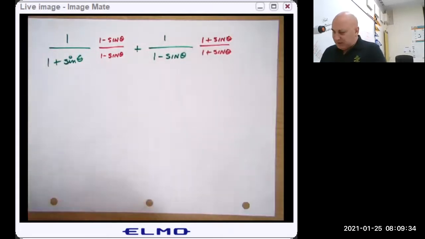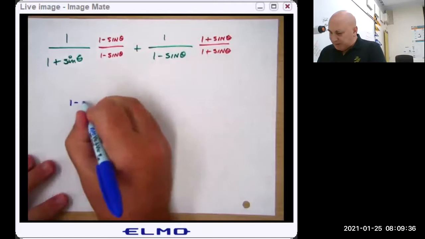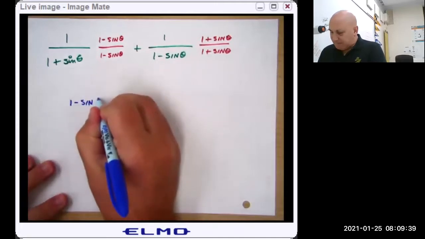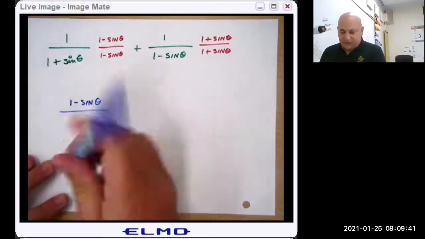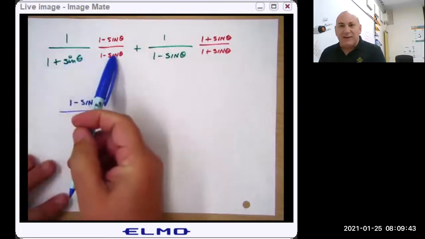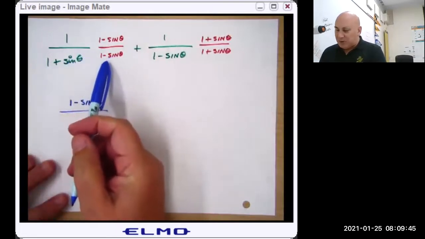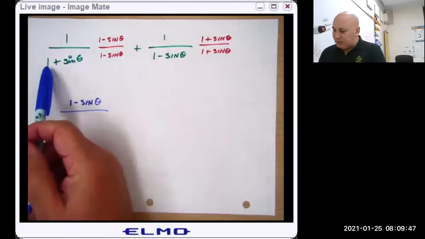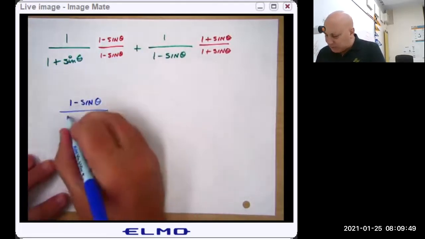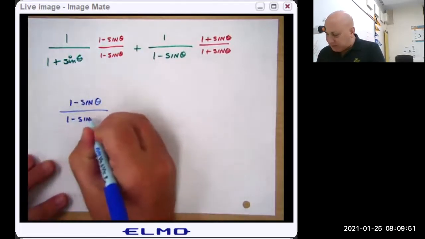So this gives me 1 minus sine theta over, now this is a plus b times a minus b. That's a squared minus b squared. So that's 1 squared minus sine squared theta, or 1 minus sine squared theta.